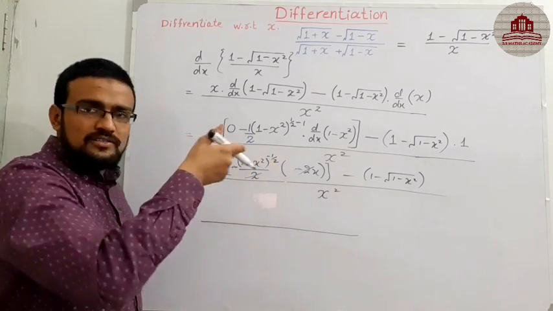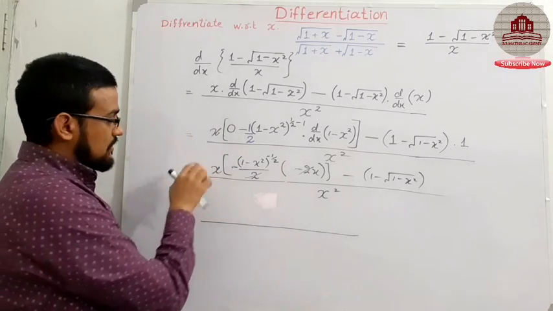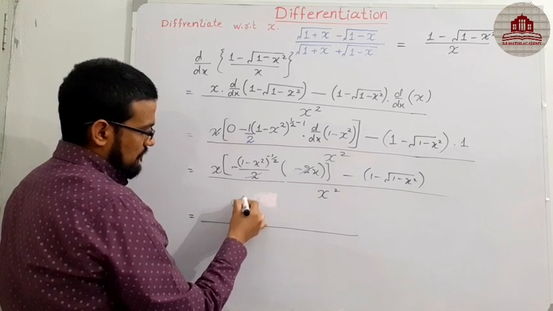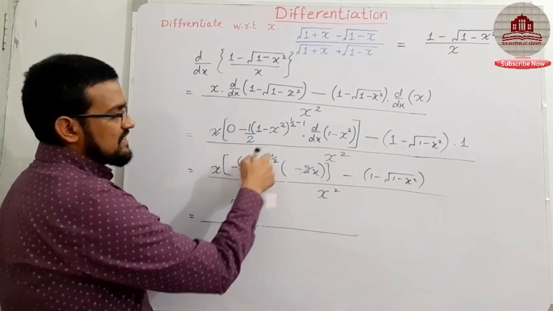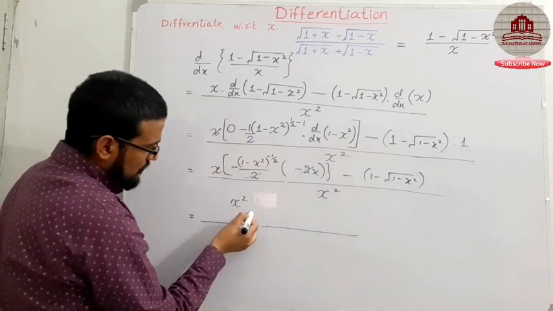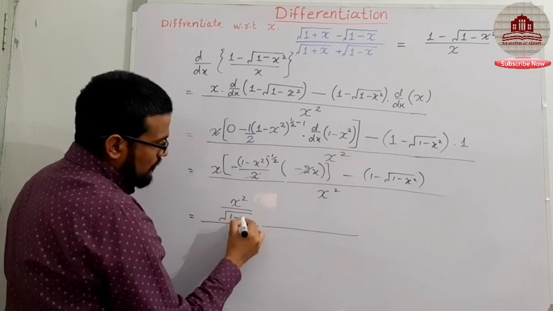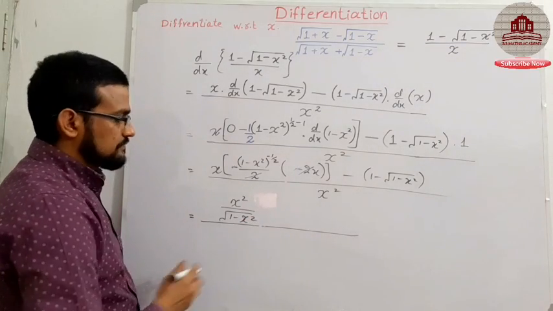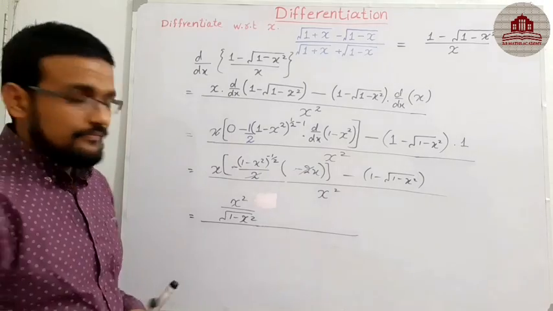Minus 1 by 2 means in denominator form, and this first x square. Okay, and 1 minus x square with negative power becomes the denominator 1 minus x square. Okay, understand?